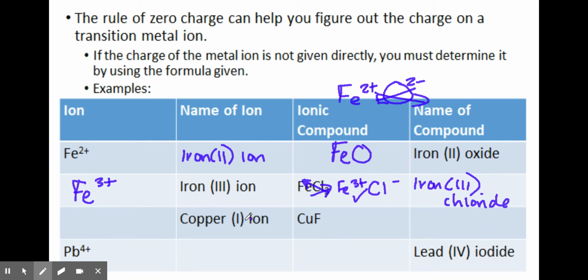Okay, same thing here. It says we have a copper 1 ion. So the formula or the chemical symbol that we're going to represent this transition metal with is going to be Cu with a +1 charge. It tells me here that my formula for my ionic compound is CuF. Let me uncross my charges just to do some checking. Cu with a +1 charge, F with a -1 charge.